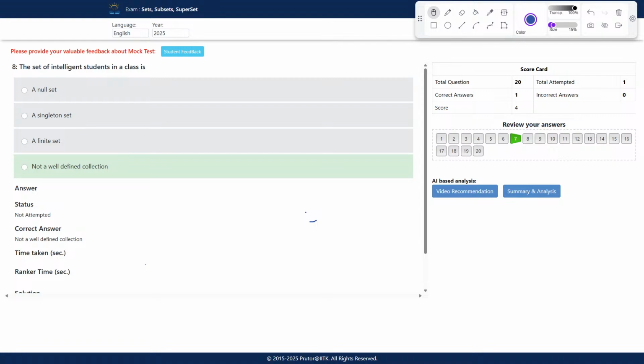It can be a set, but first of all it has to be well defined. It totally depends on how we are defining our set. So in this context, it is not well defined. It is not forming a set. Clear?